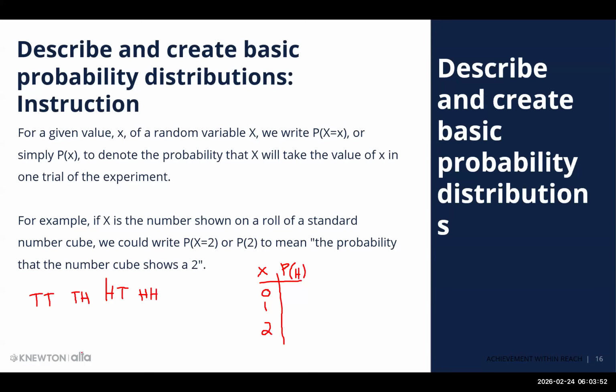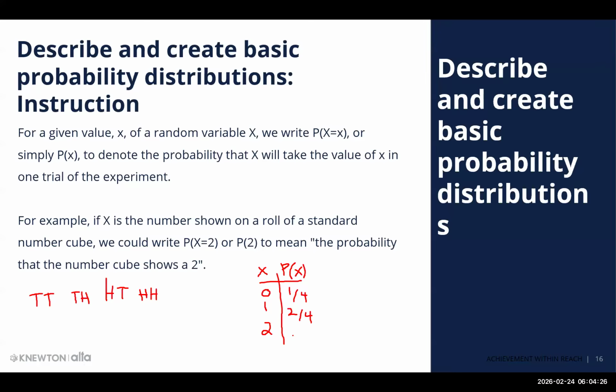So let me make an adjustment here, a little error there. That actually would be the probability of X happening. So the probability of getting no heads is 1 in 4. The probability of getting one head is 2 in 4.